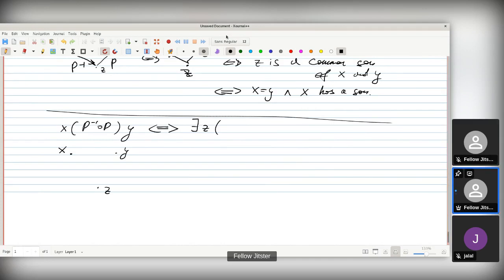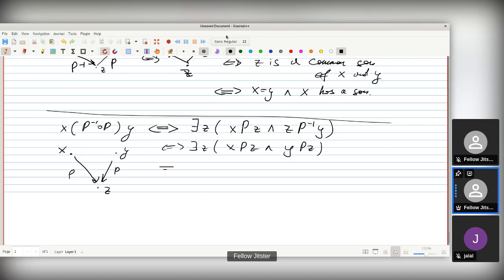First of all, let us simplify it. There is some z such that xPz and z P converse y. Do you agree? Or equivalently, xPz and yPz. So xPz and yPz. That means that x and y have a common father.